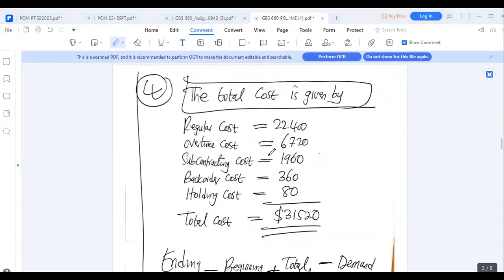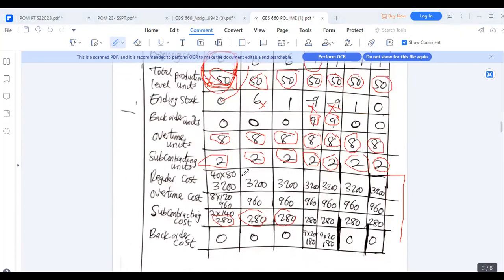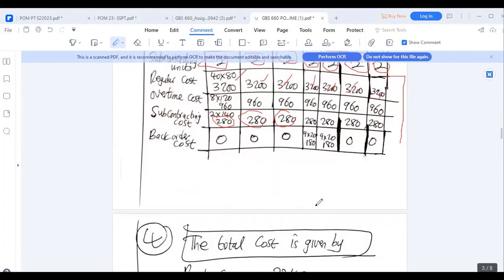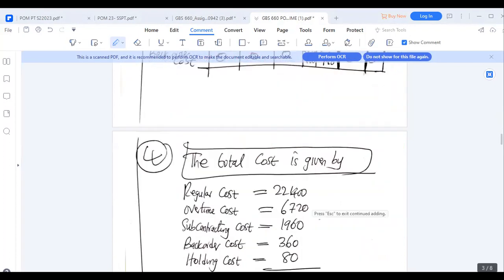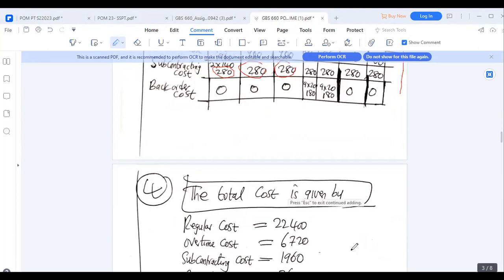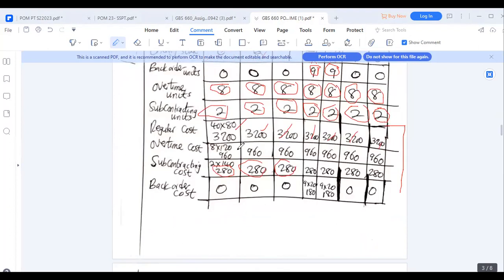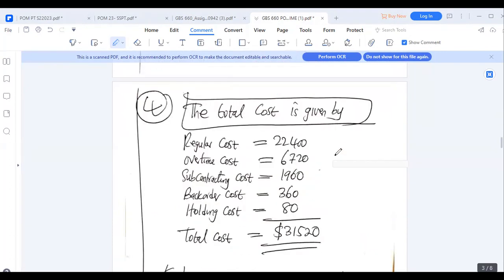So the cost will be regular cost of 22,400, meaning the addition of all these ones here is giving us 22,400. The overtime cost is 6,720, meaning the addition of these ones here is giving us the overtime cost of 6,720.